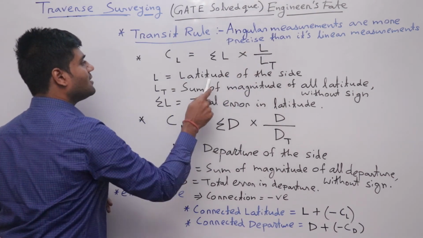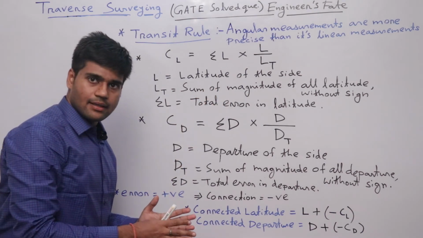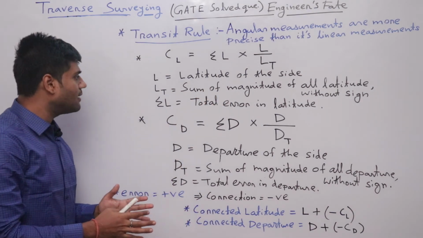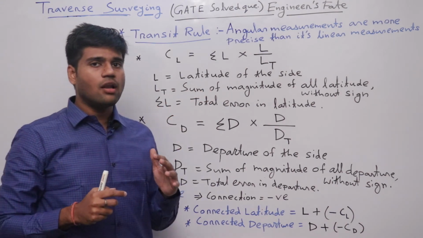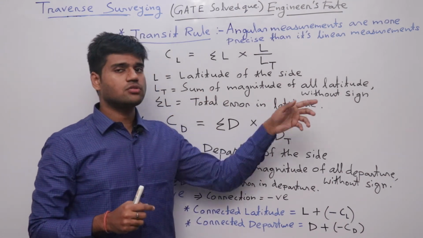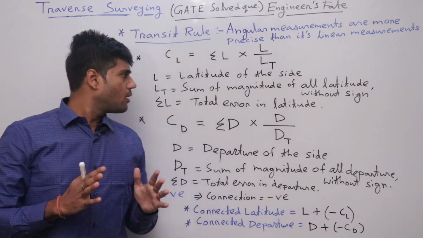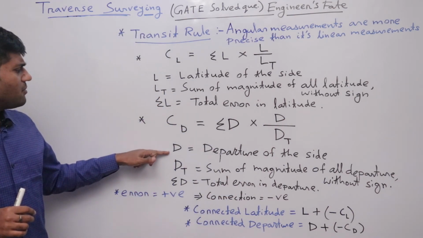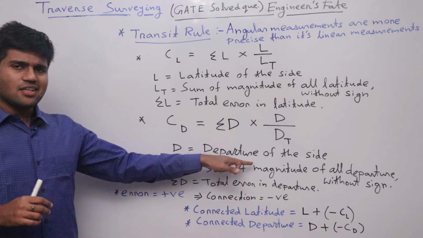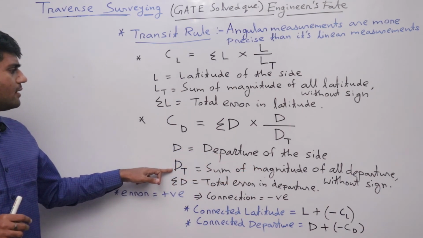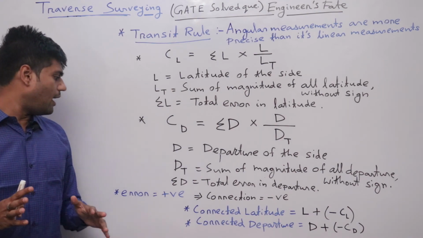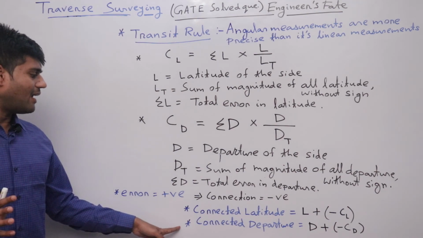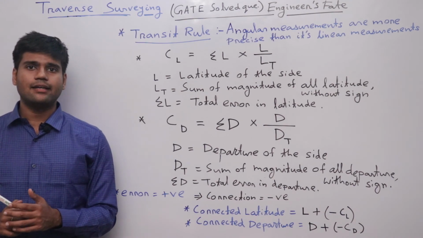This L means latitude of that side, and this LT is the sum of the magnitude of all latitudes without sign. Note this thing. Here the same thing, d equals the departure of that side, and dt is the sum of the magnitude of all departures without sign, and the rest I can find the corrected latitude and the corrected departure.